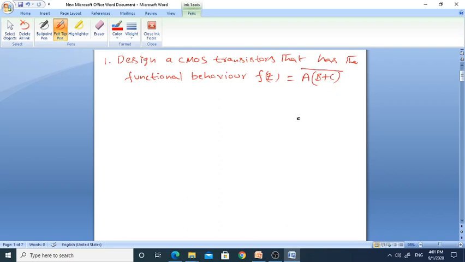So you want to design this functional behavior by using CMOS transistors.